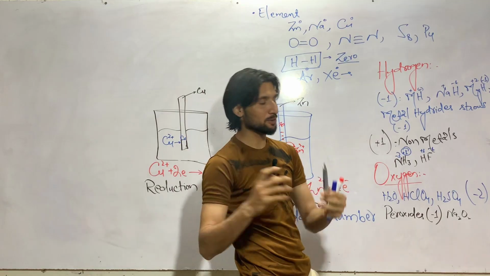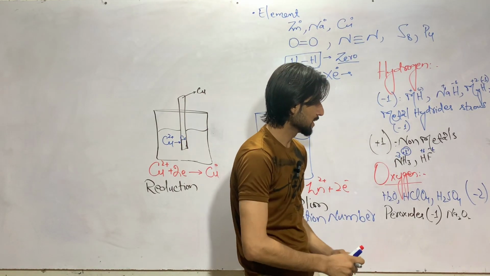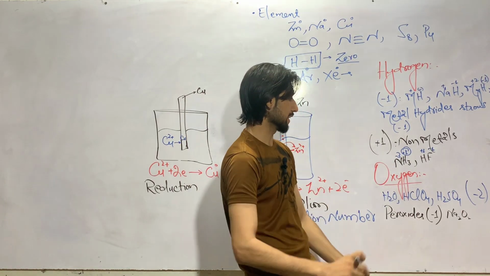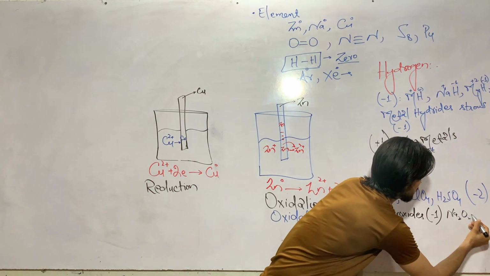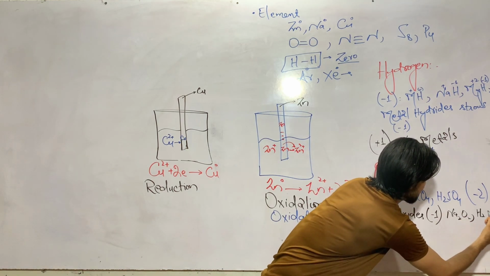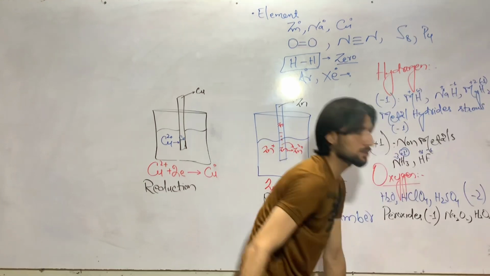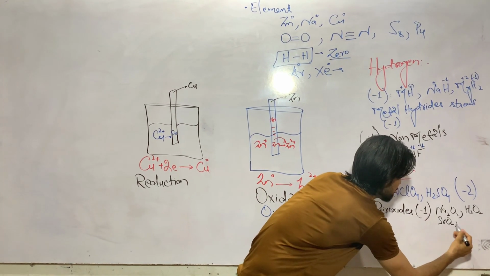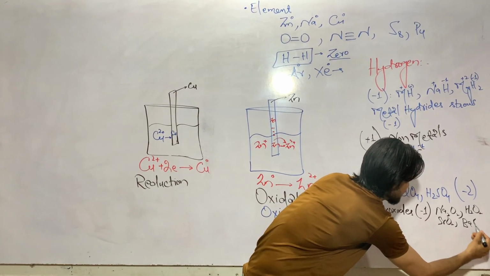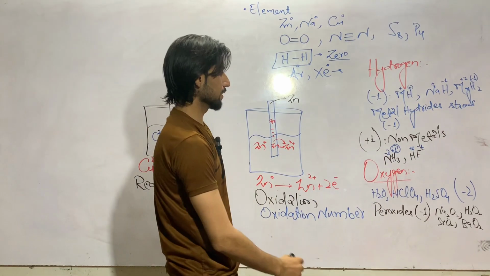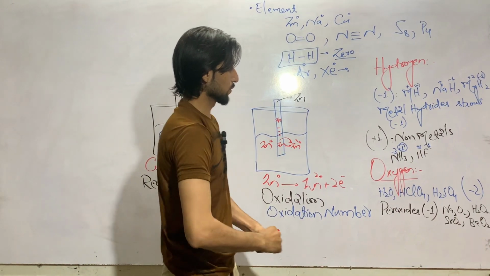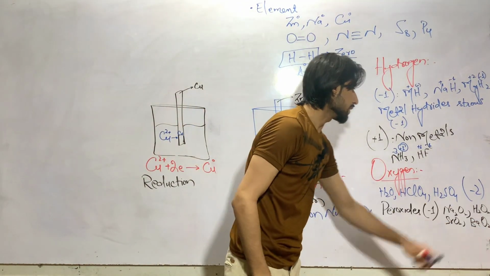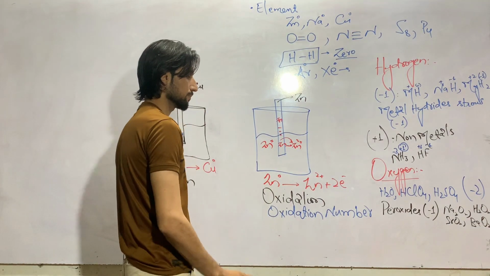When we talk about inorganic chemistry, we'll talk about the formation of this oxide in detail. Another one you must have known, H2O2, hydrogen peroxide, strontium peroxide, barium peroxide. So here oxygen is in -1 oxidation state.